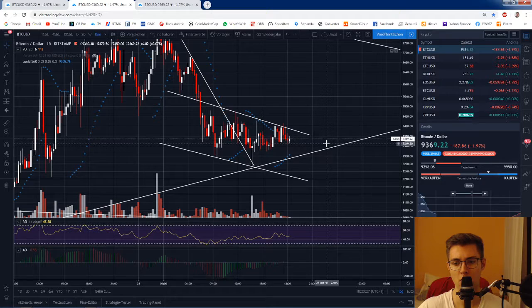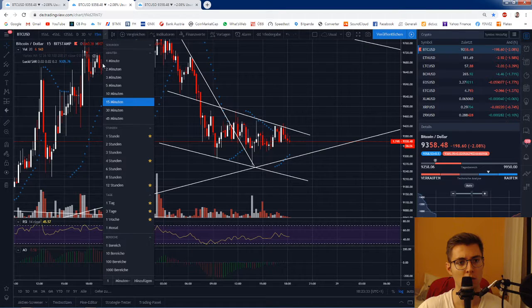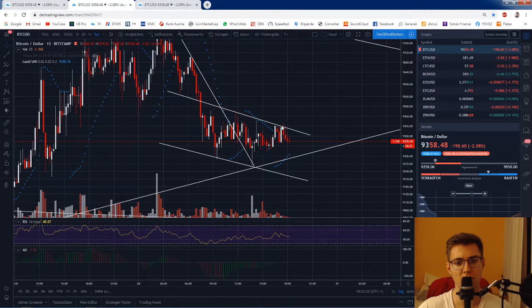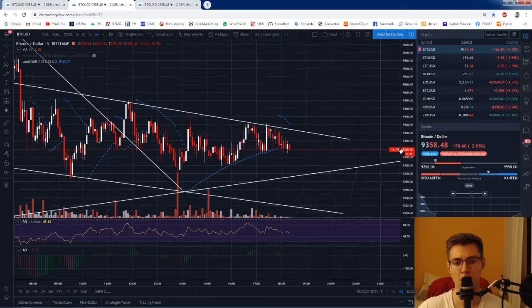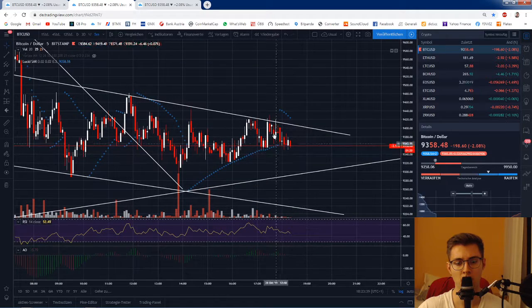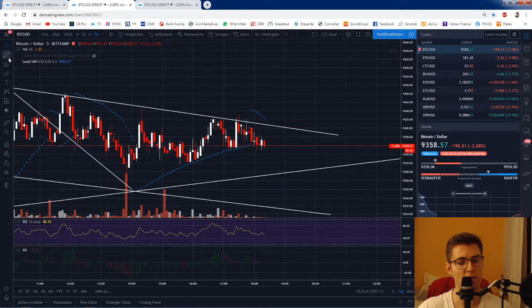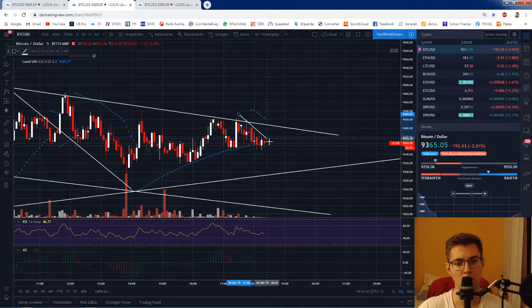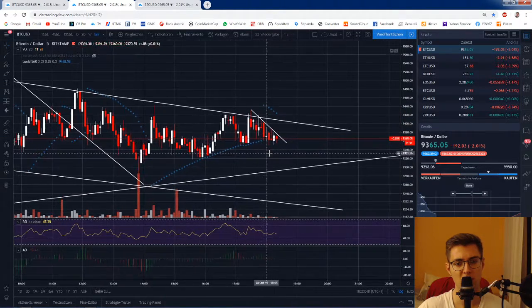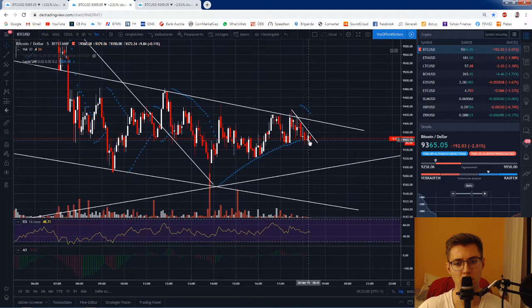Also, we have a very clear support level around 9,350. Maybe just look at this on the 5-minute real quick. Maybe we have here a downtrend resistance line which could be broken, maybe not.